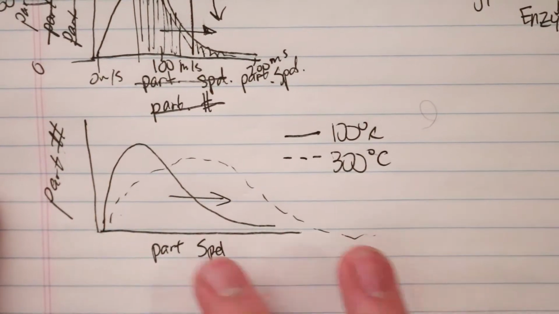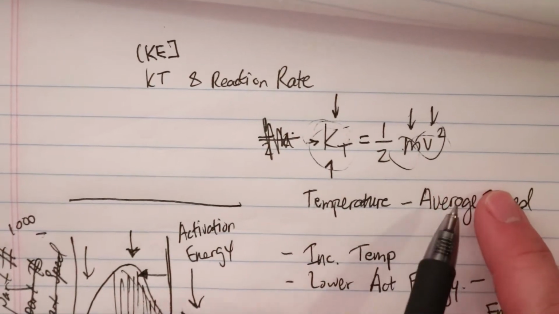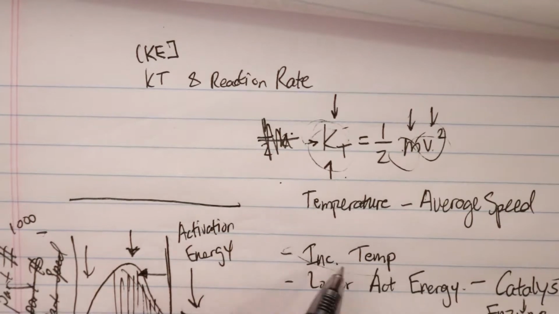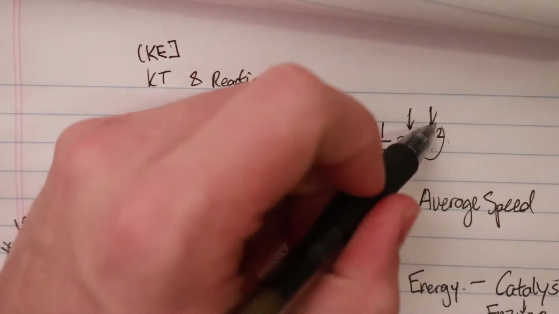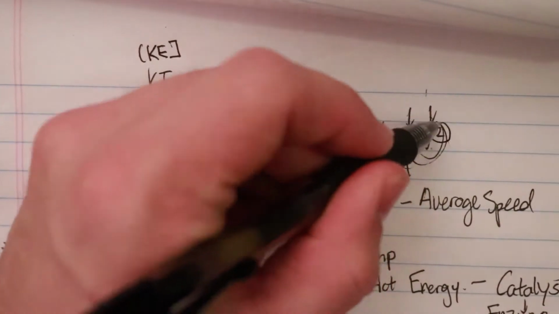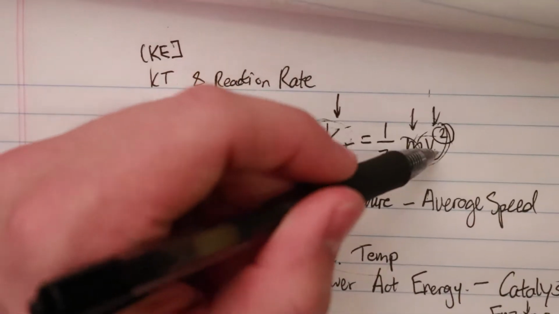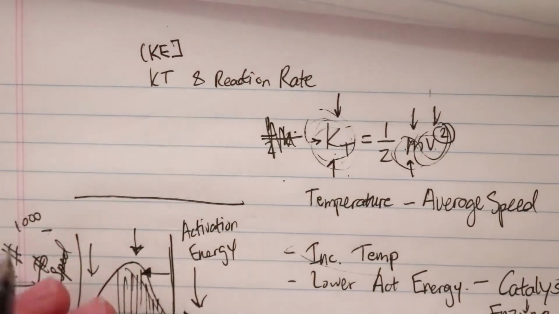And so that's how we could represent that, just seeing this shift. So that's what happens when we adjust the velocity or increase the temperature. Because by increasing the temperature, we're adding kinetic energy, but we're using the same molecule, so the velocity has to go up. And this velocity here is squared. So increasing the velocity will have a bigger impact on increasing this kinetic energy rather than increasing the mass.